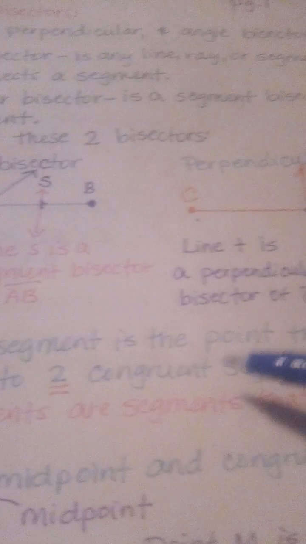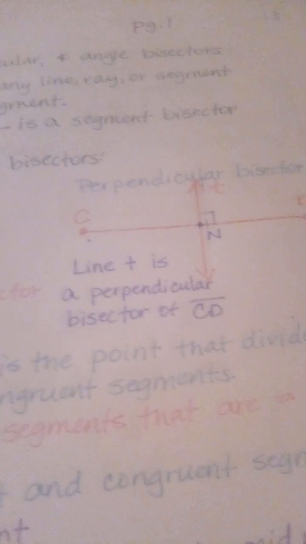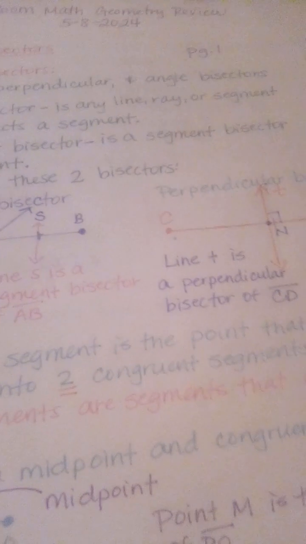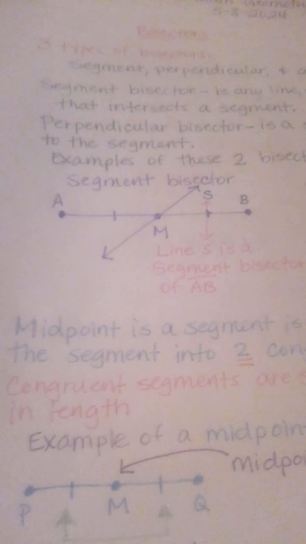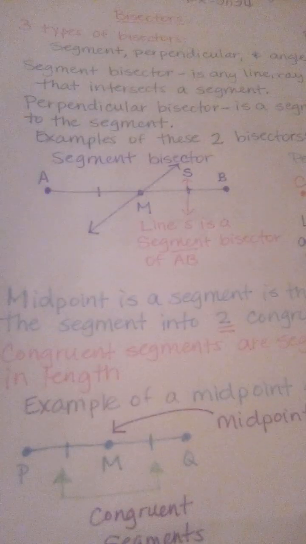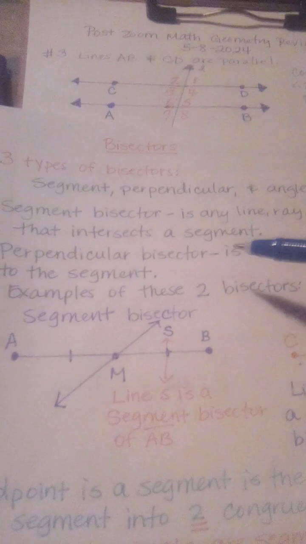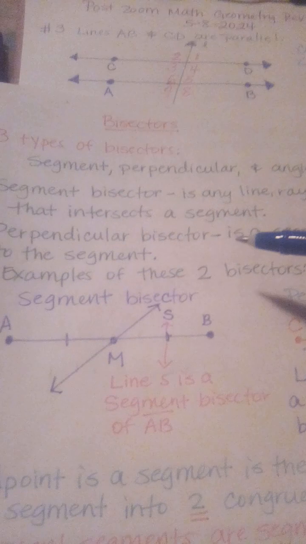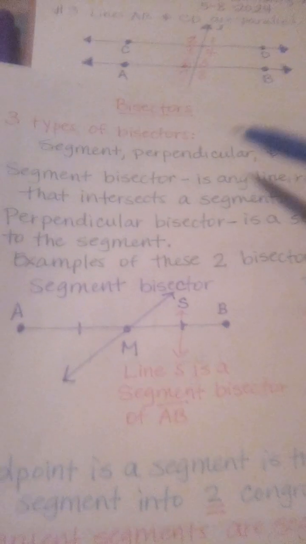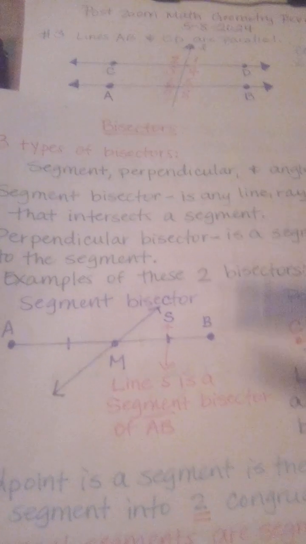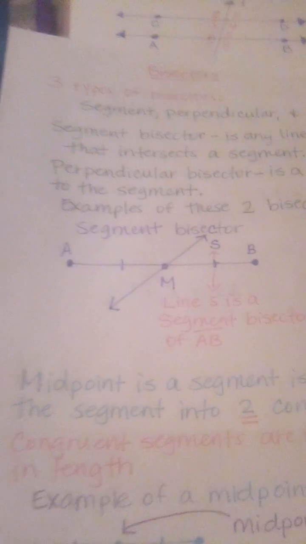The midpoint is the point that divides the segment into two congruent segments. Okay? That is a clue. Look at your previous notes from your previous discussions, I believe within a week ago. Under bisectors, you're able to look at your notes to give you a clue on what I'm talking about. Got all that?